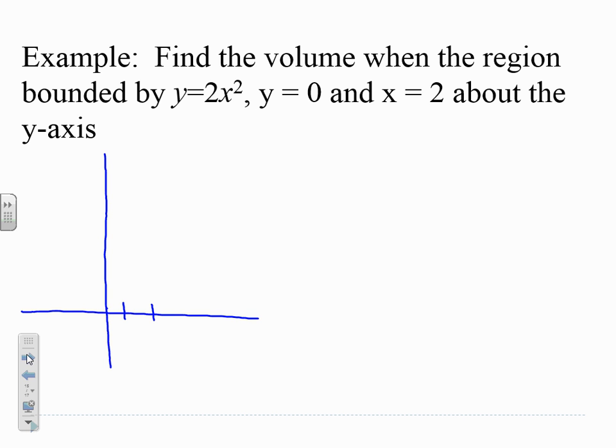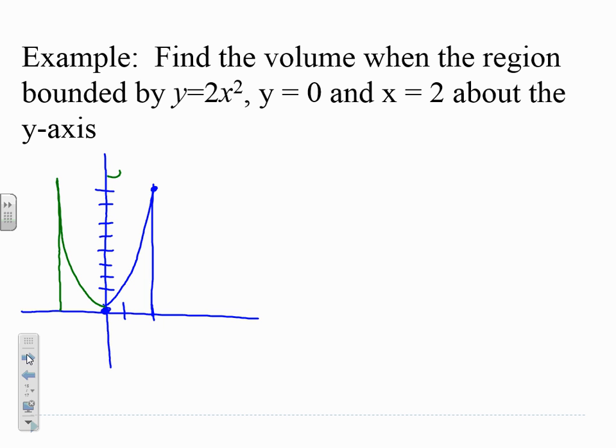It's a parabola with a vertex at 0, 0. What about when x is 2? So we have this portion right here. Do you agree with my drawing? Yeah. Okay.